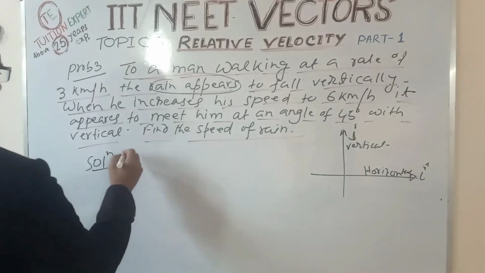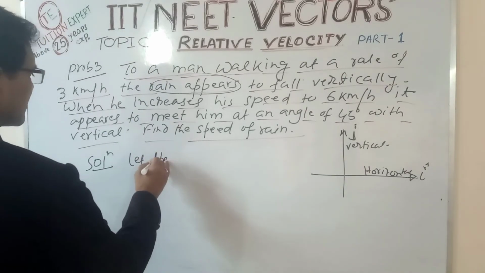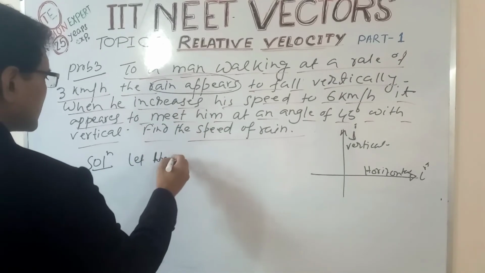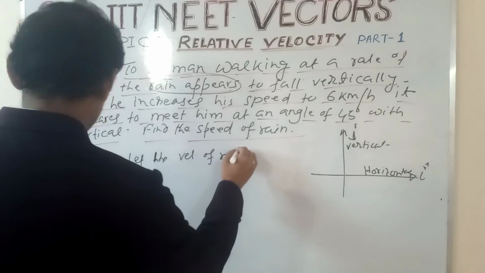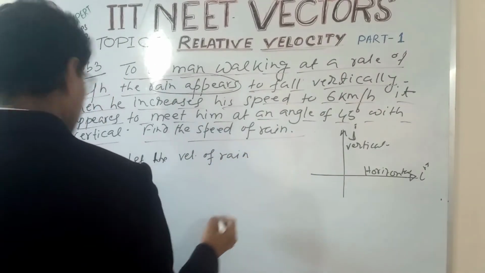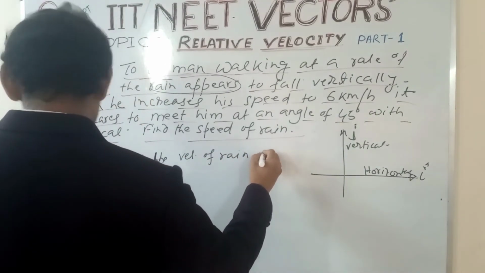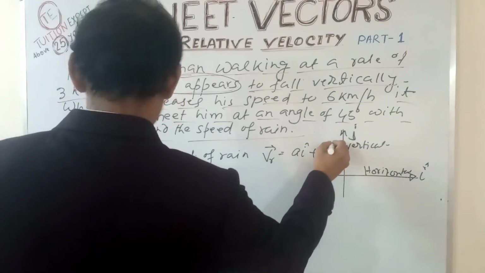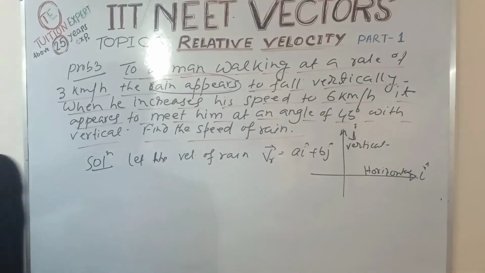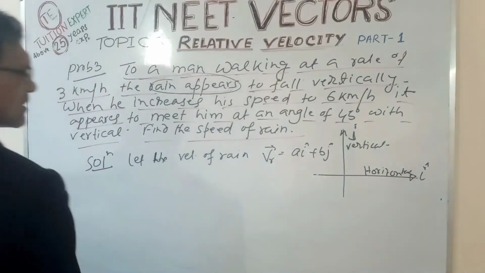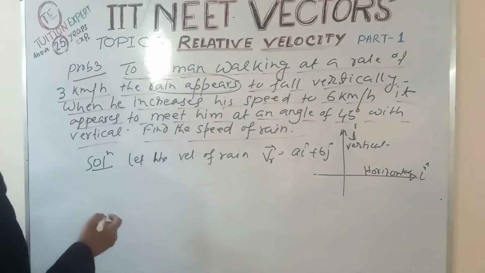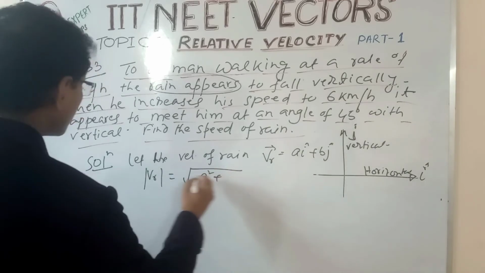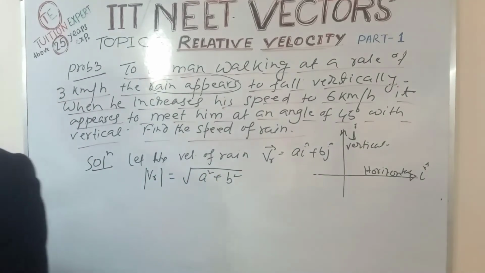So we don't know the actual velocity of rain, so we assume the velocity of rain is a i plus b j, with unknown values a and b. Now the magnitude of velocity of rain will be this, you know.